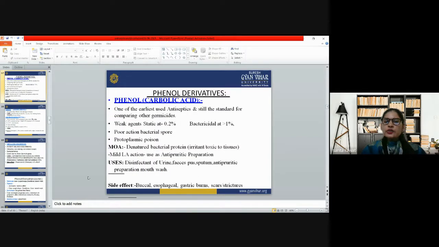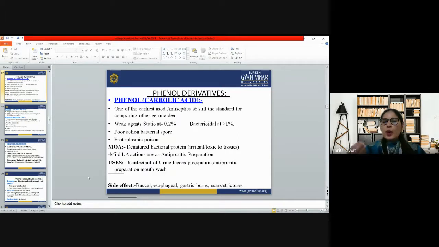Now, coming to them one by one, we have phenol derivatives. Phenol, or carbolic acid, is one of the earliest used antiseptics and still the standard for comparing other germicides.